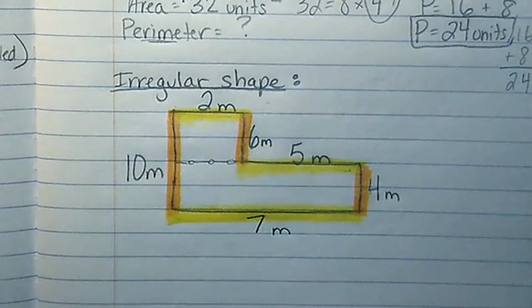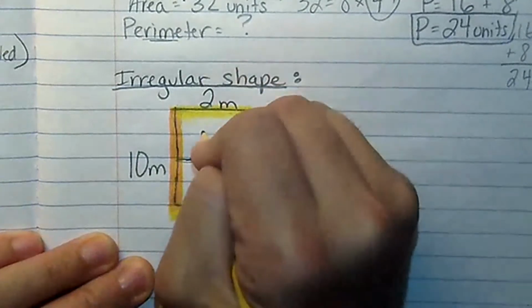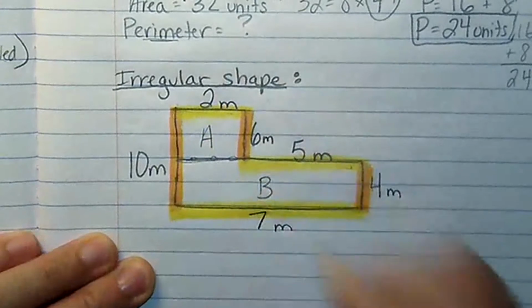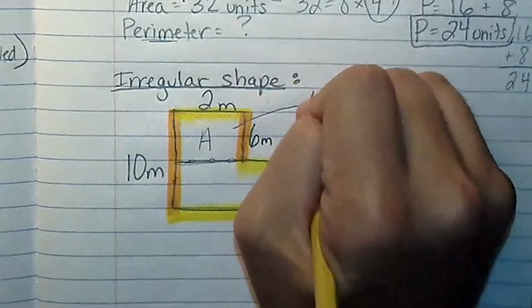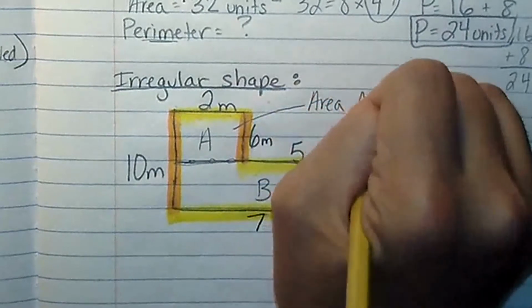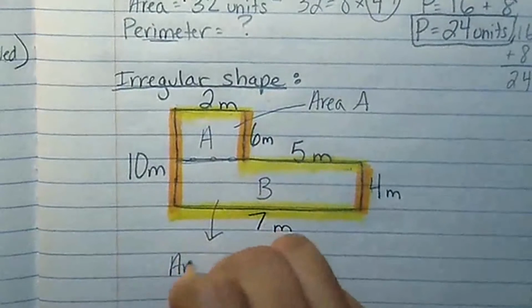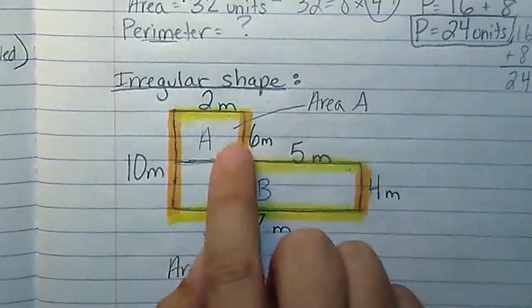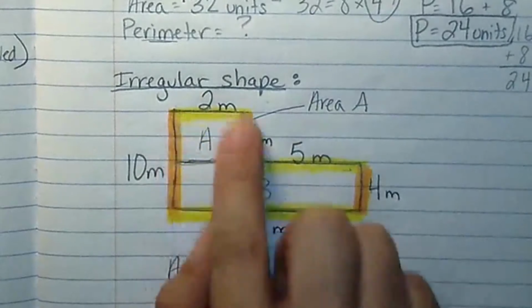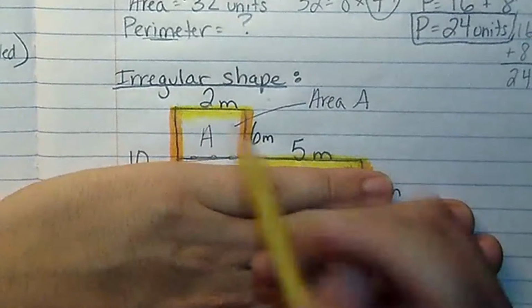Now what we're going to be doing tomorrow is I'm going to split my pool, and I'm going to call this shape A and this shape B. And we want to find the area of this shape. So what I would need to do is find the area of A, and I would need to find the area of B. So the area for shape A, I look at it and I say, I'm just looking at this little square over here.